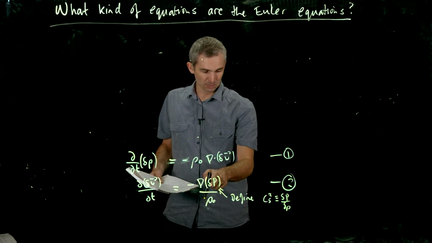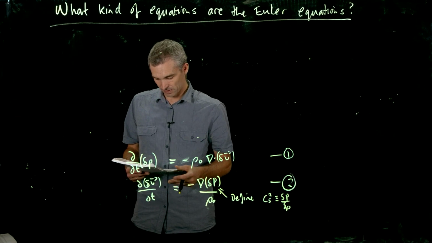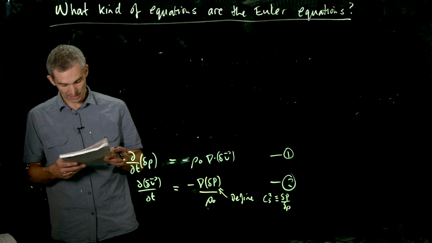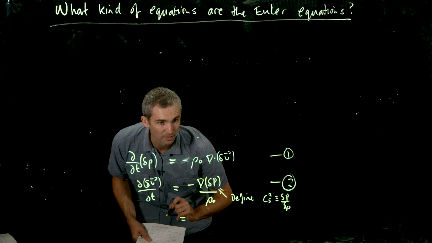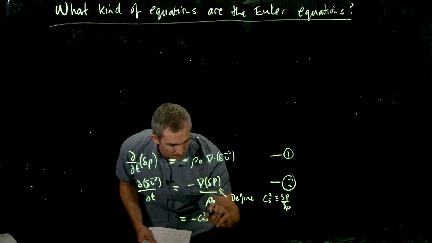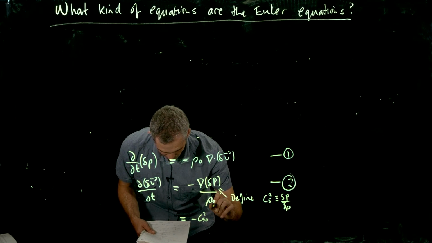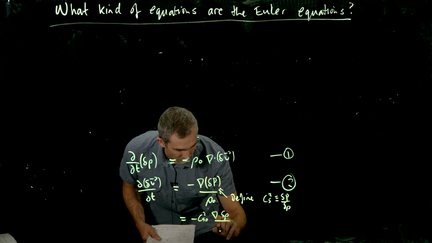So this expression here becomes a CS naught squared grad of delta rho. So this expression becomes a minus CS naught squared grad delta rho on rho naught.